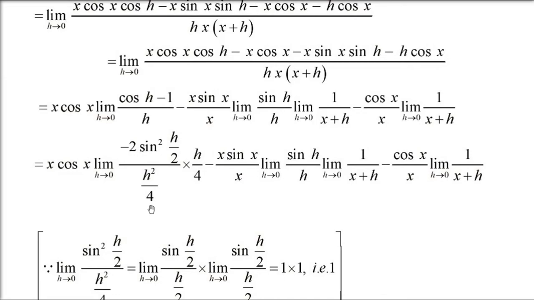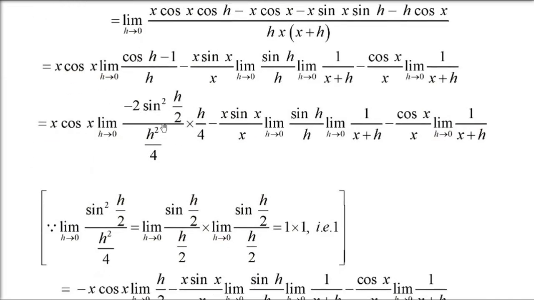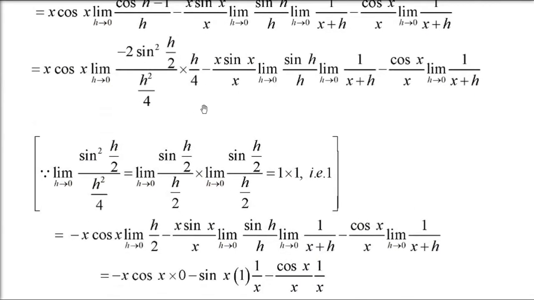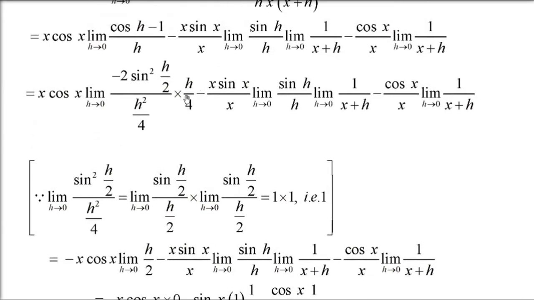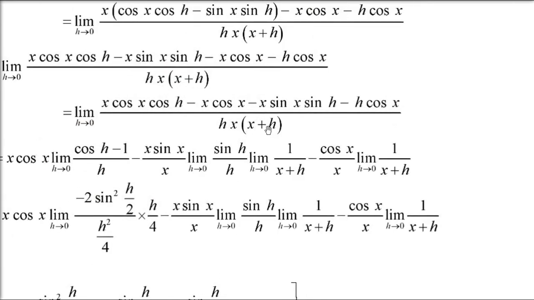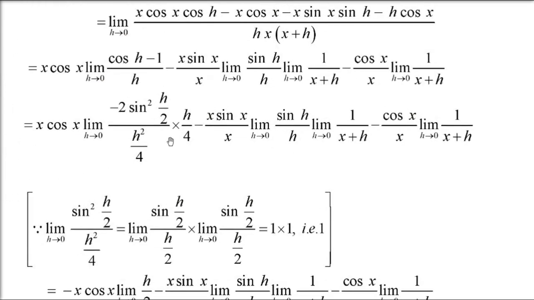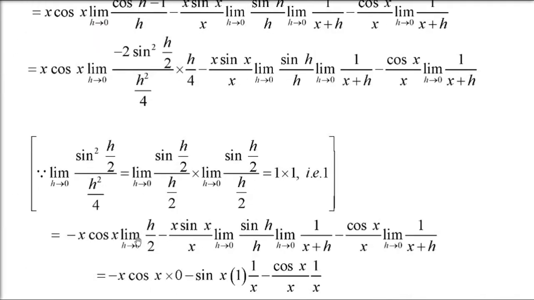So this whole term will be (sin h by 2 over h by 2) whole square, which is going to be 1. And h is already there, so this h is going to make it 0 when we apply the limit. So x cos x by x square was already there. x and x plus h you can always write as x square. This h is already there, so it will take this as 0.